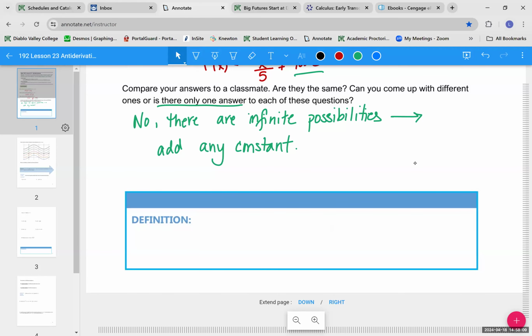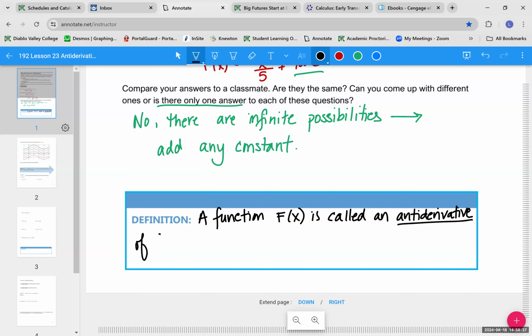So we're going to have a name for these things, and these functions are called antiderivatives. A function capital F of x is called an antiderivative of little f of x if capital F prime of x equals little f of x for all x.